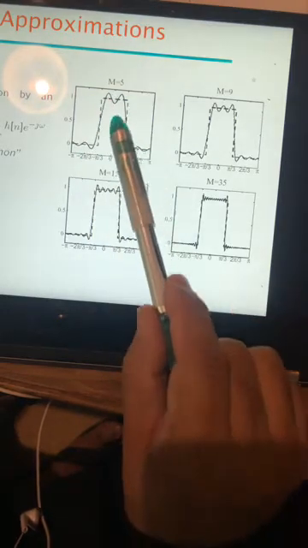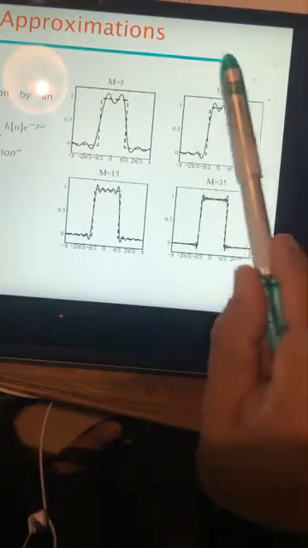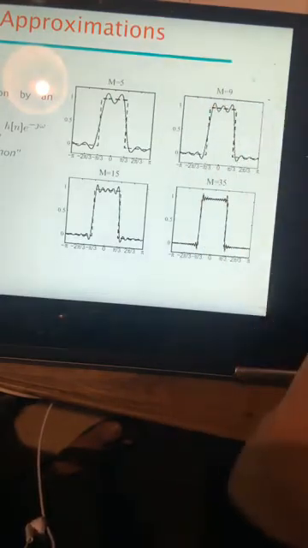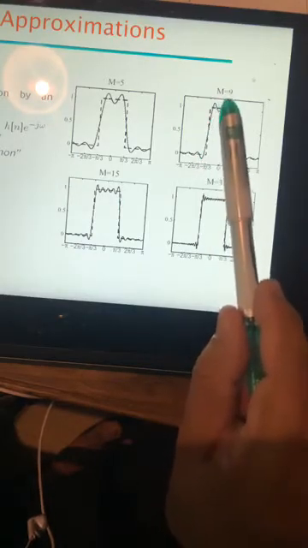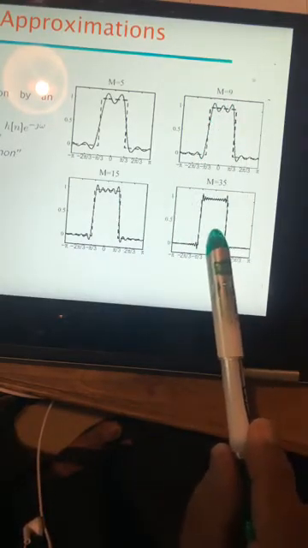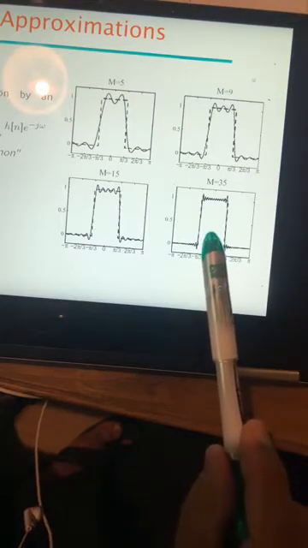And you don't like it because you see the transition is bad, out of band signals are getting into this. But if you say, okay, I'm willing to spend more, so 9 on the left side, 9 on the other, and 1 of the sinc, then you see you start getting better and better, getting closer and closer to the ideal response.